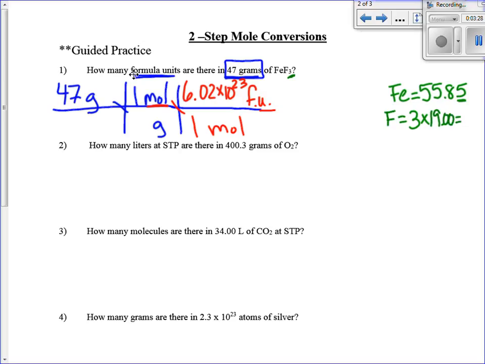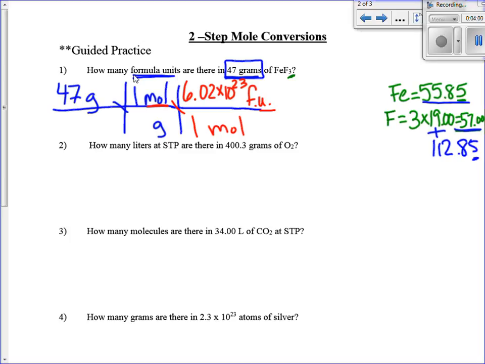So that gives us a mass of 57.00. So we can add these two together now. The 55.85 plus the 57, what is the mass of that equal? 112.85. Notice all of these are going to the hundredths, the second place value to the right.